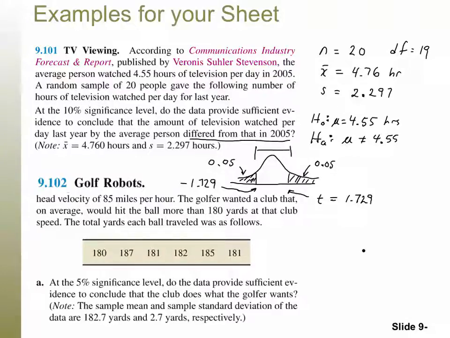So now we need the test statistic. And the test statistic is our sample mean, 4.76, minus our hypothesized mean, over the adjusted standard deviation.